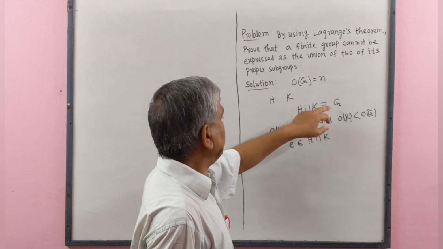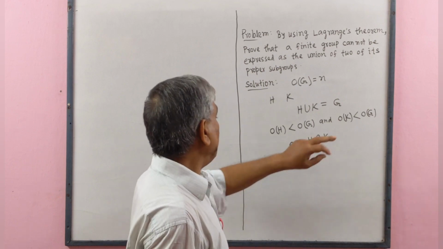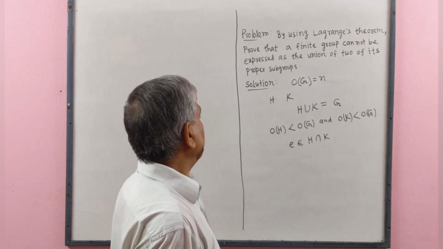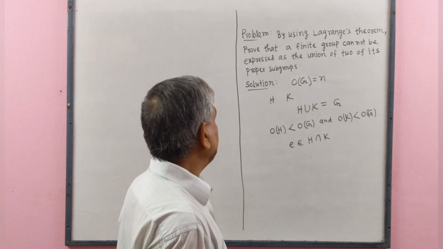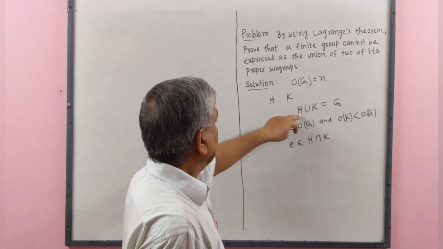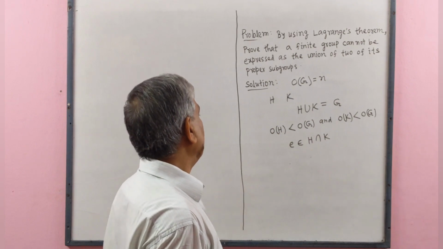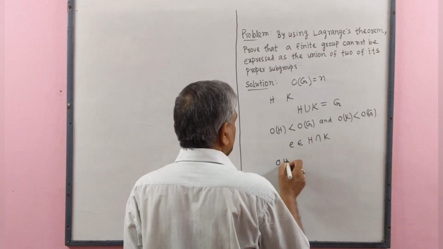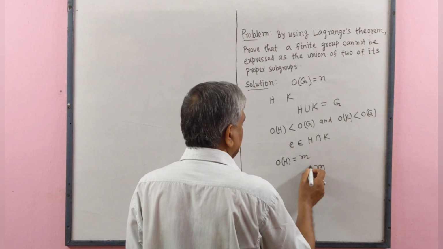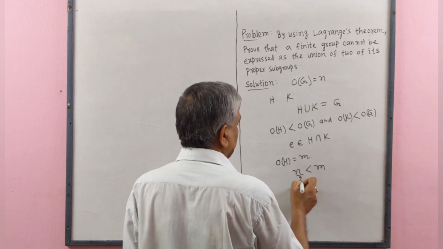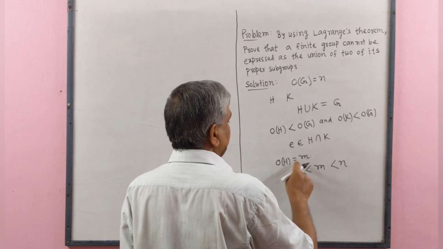Since H union K equals group G, and e is the common element of H intersect K, therefore at least one of the subgroups H or K must have order greater than half of the order of group G. Let order of H equal m such that m is greater than n by 2 and less than n, since H is a proper subgroup.